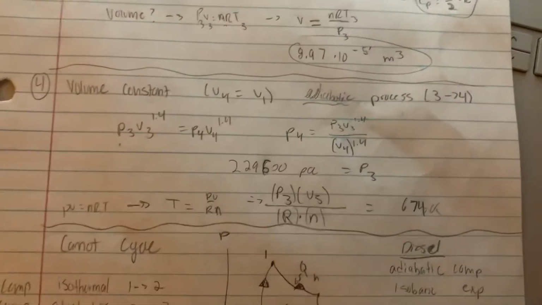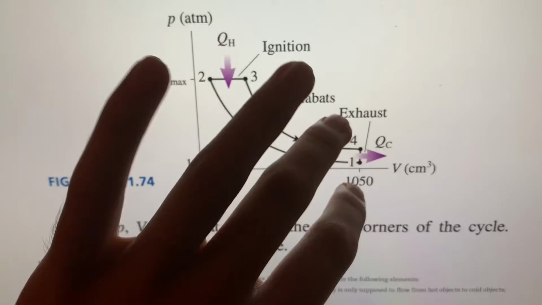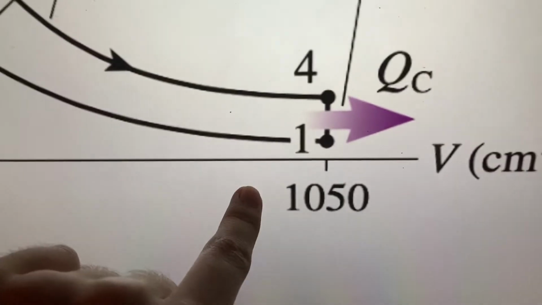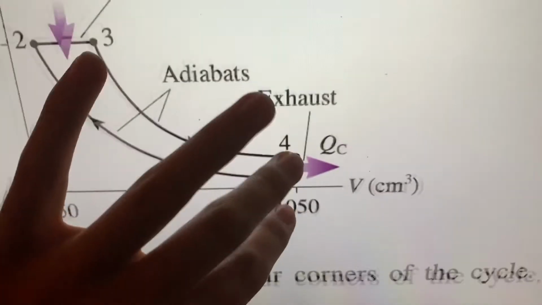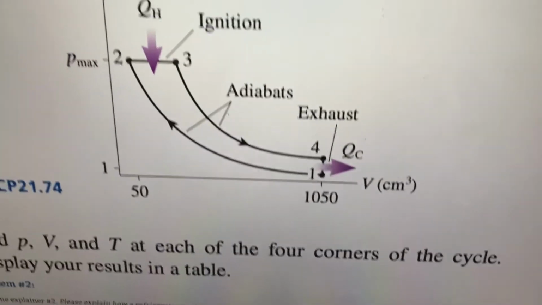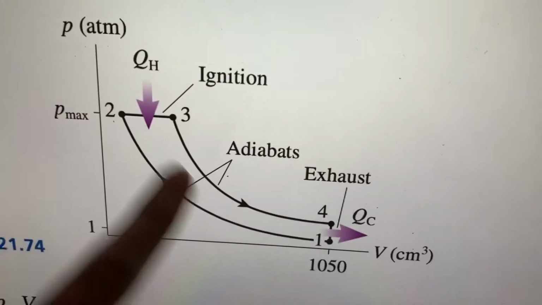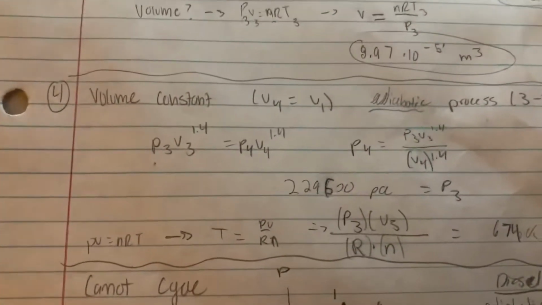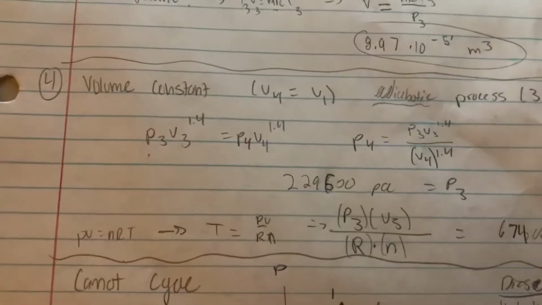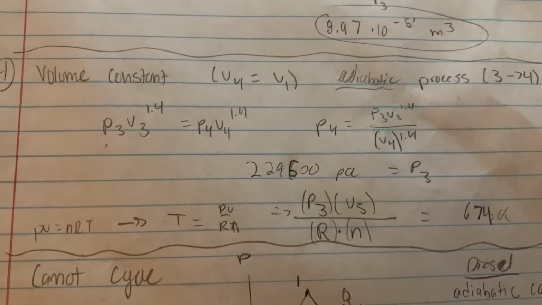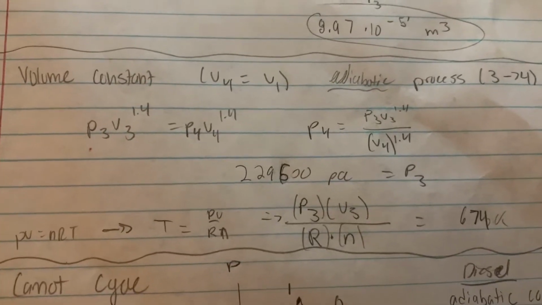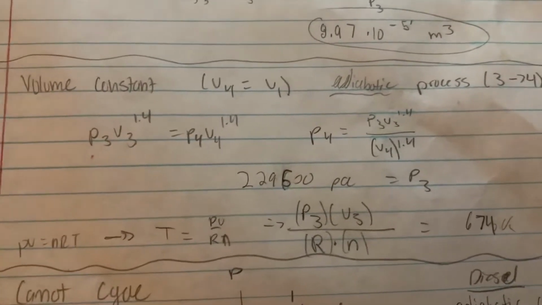Now for the fourth corner, you have constant volume, so your volume is the same as it was for the first corner, 1050 cubic centimeters, and it's an adiabatic process. So we do the same thing we did for the second one: P3V3 to the 1.4 is equal to P4V4 to the 1.4, because 1.4 is the air intake value.